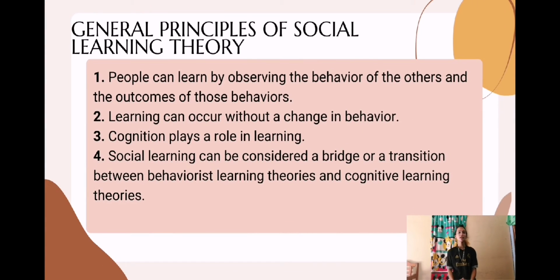There are general principles of social learning theory. The first is people can learn by observing the behaviors of others and the outcomes of those behaviors. It means that through observation, everyone can learn. We have capacities and ways of learning, and one of these is observing. We can learn by observing other people.